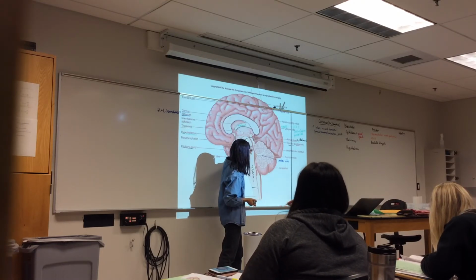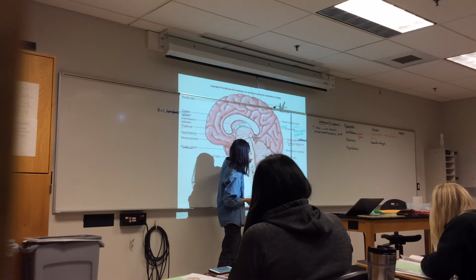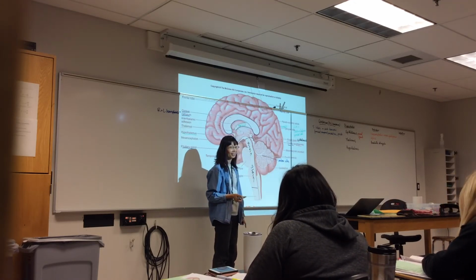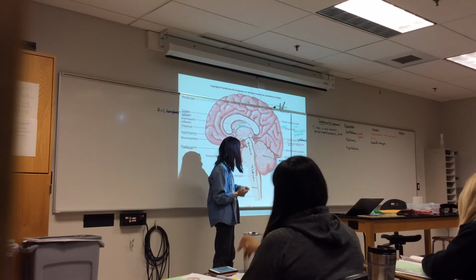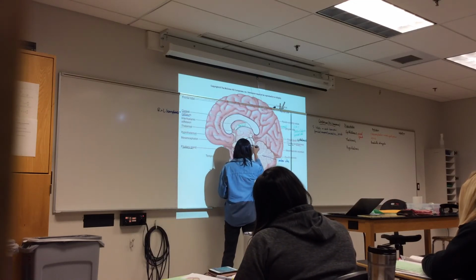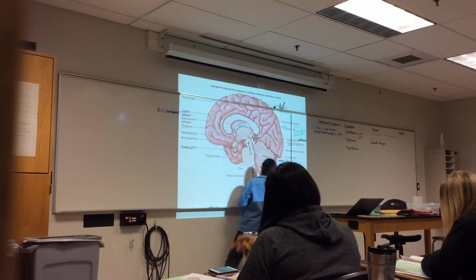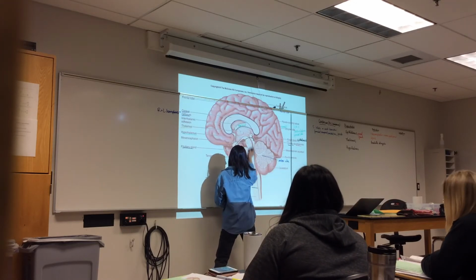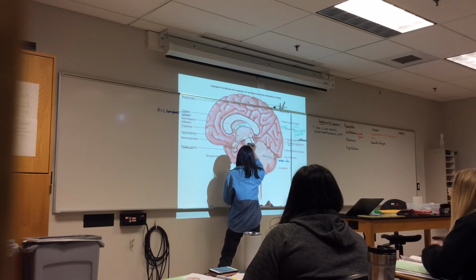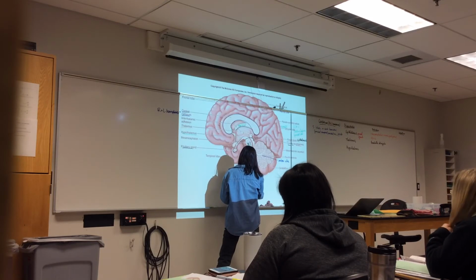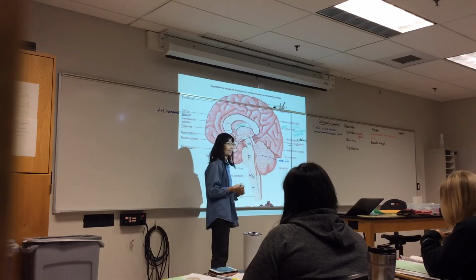Brainstem starts with the mesencephalon, then the pons, then the medulla. Okay? So mesencephalon gets a little messy. So here, I'm going to erase brainstem. So just so you know, this is the mesencephalon, this is the pons, this is the medulla oblongata.